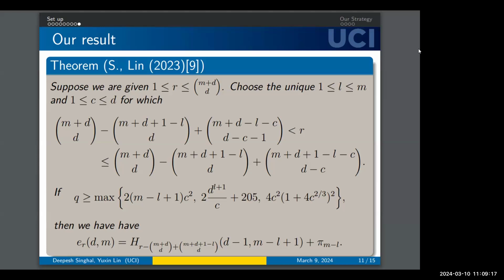Assuming q to be sufficiently large, we prove that the formula conjectured by Datta and Ghorpade is the exact formula for e_r^d(m). And here, based on r, we determine this l and c based on which subinterval r is in, and we'll see the significance of these numbers, l and c.